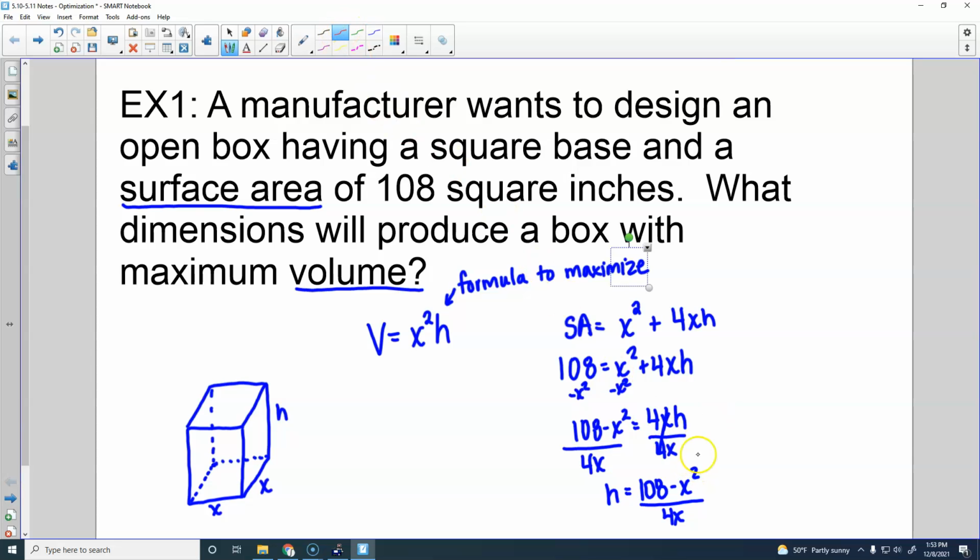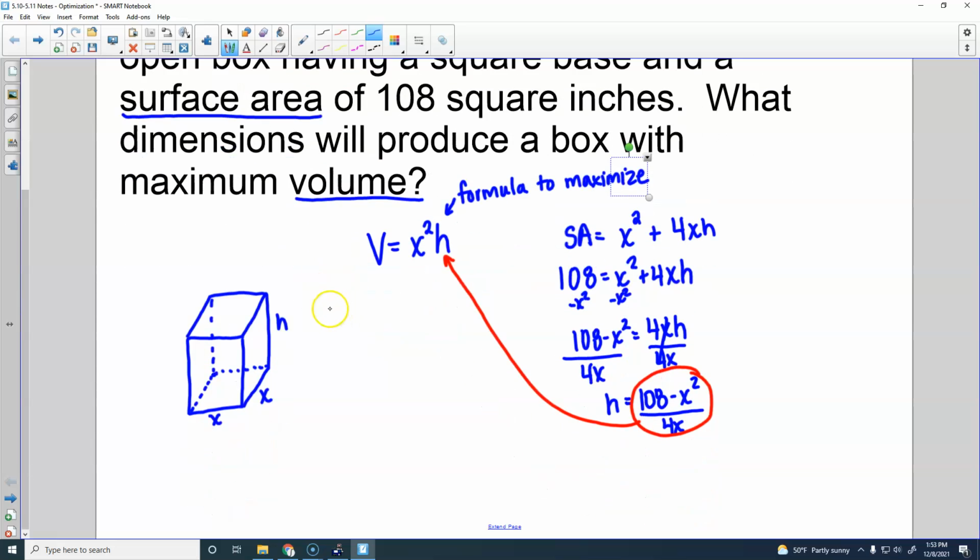And we will take this and we will plug it in for our h. So that will look like this. We'll have V equals x squared times 108 minus x squared over 4x.